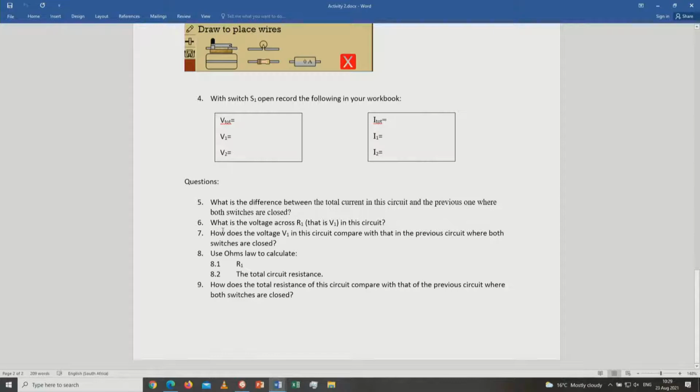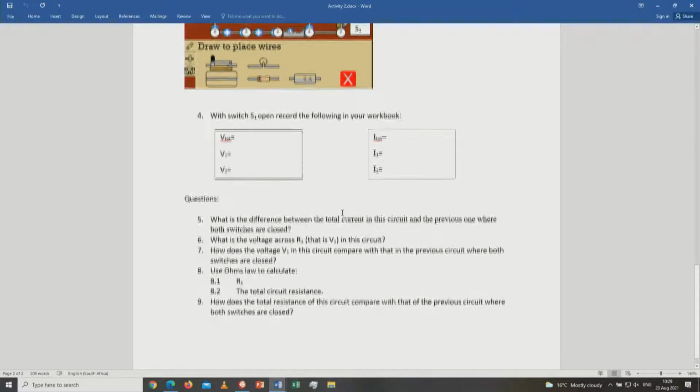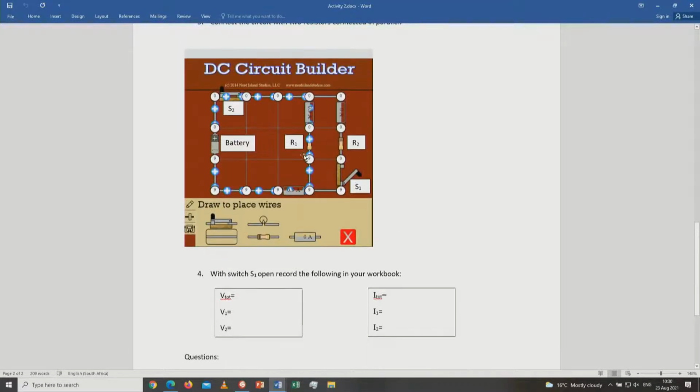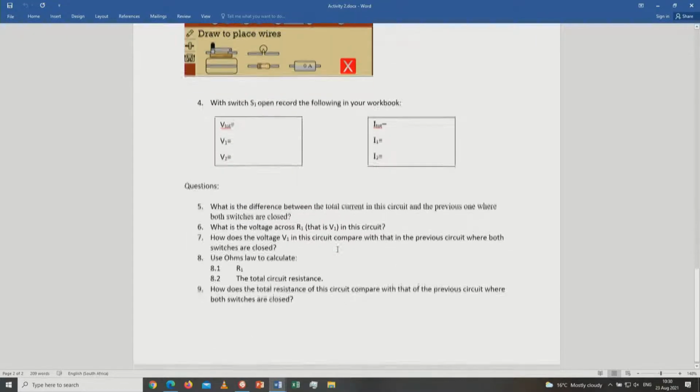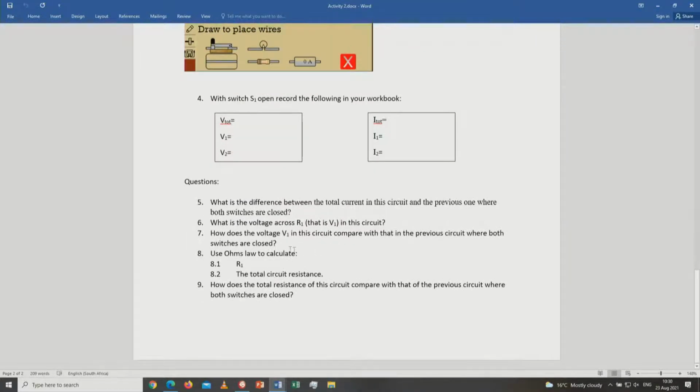Then we will also check what is the voltage across R1. In other words, what would be the value of V1 across this resistor? How does the voltage V1 in this circuit compare with that in the previous circuit where both switches were closed?